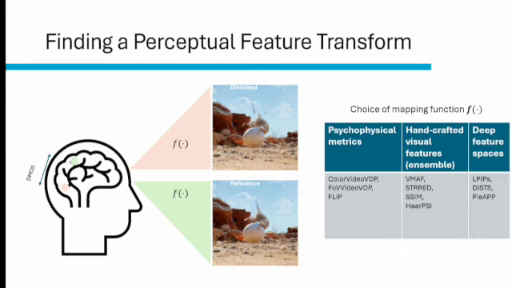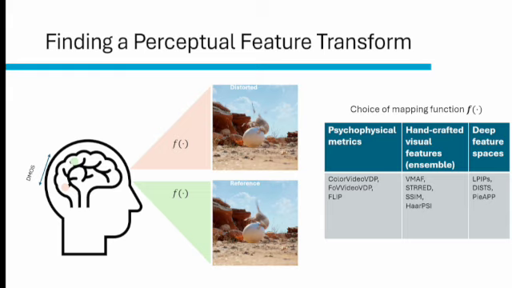Usually this can be categorized into three broad categories: psychophysical metrics, handcrafted visual features, or deep feature spaces. Psychophysical metrics build upon simple visual models like contrast sensitivity or contrast masking that have been built using user studies on very simple patterns like sine waves or Gaussian patterns, and we try to extend them to complex images.